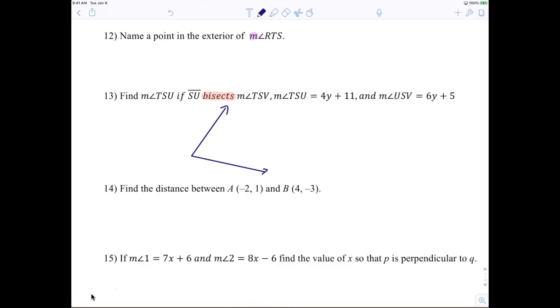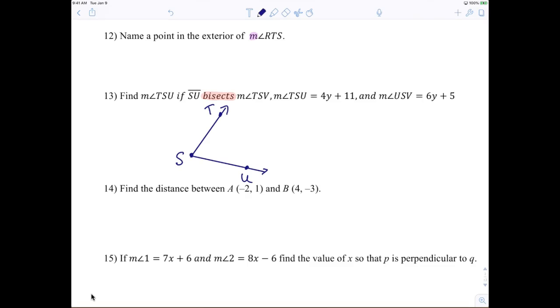So when I say the measure of angle TSU, we're going to have this angle TSU. Notice that S is the vertex. The letter in the middle is always in the middle of the angle. That's the vertex. Then it says that SU bisects.